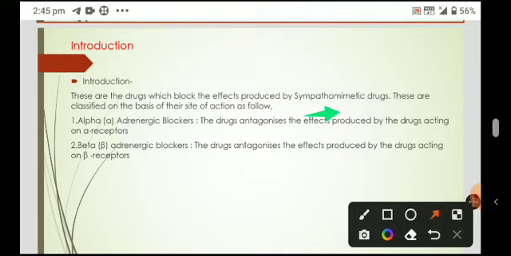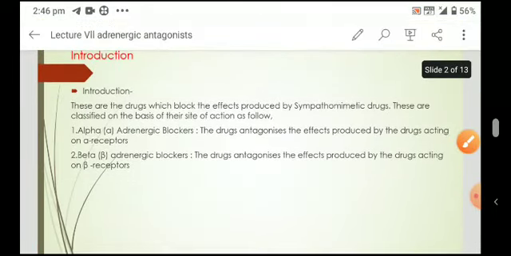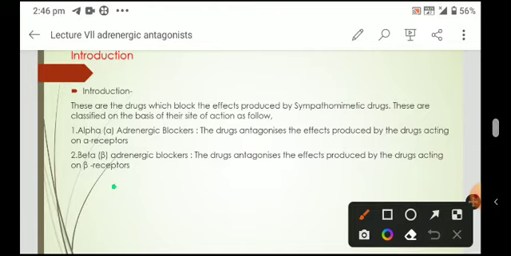On the basis of their mode of action, these are classified into two classes: alpha adrenergic blockers and beta adrenergic blockers. Alpha adrenergic blockers antagonize the effects produced by drugs acting on the alpha receptors, and beta adrenergic blockers antagonize the effects produced by drugs acting on the beta receptors.